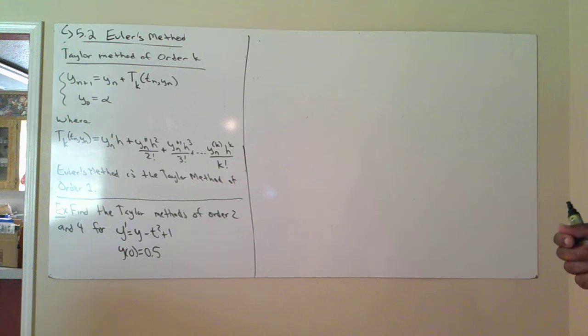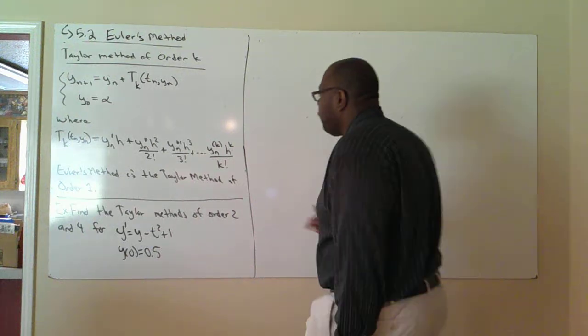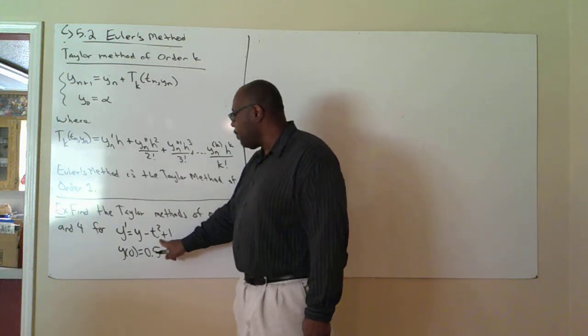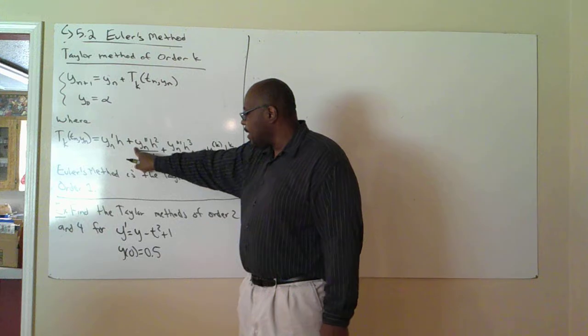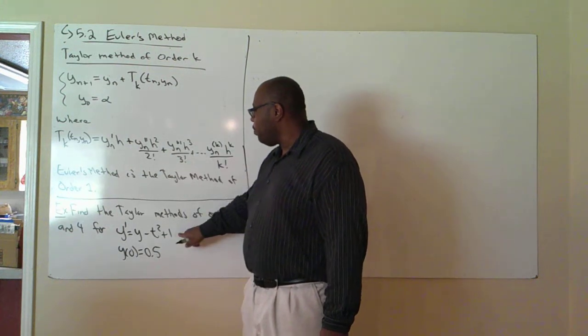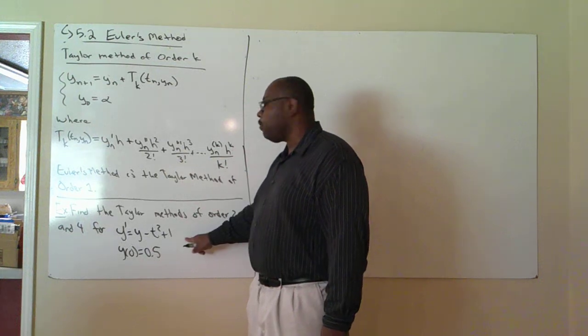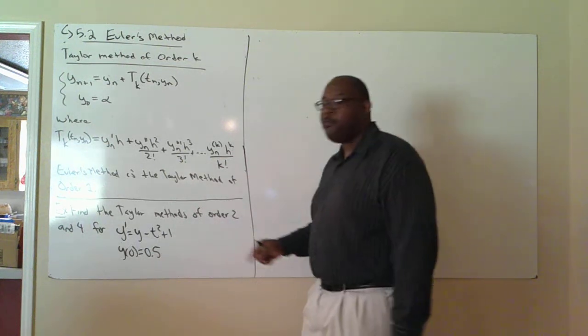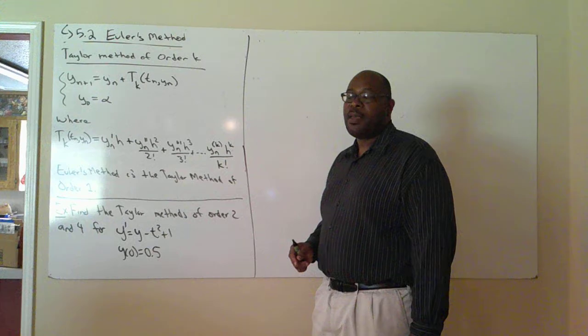So let's do that. To be able to find those Taylor methods, we need to find the first derivative of y, which we already have. We need to find the second derivative of y, the third derivative of y, and the fourth derivative of y, because we want to get up to the fourth Taylor method.